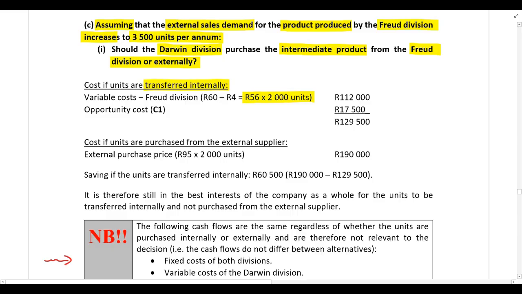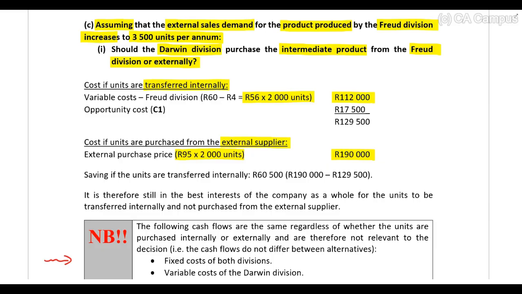So that increases the cost of the company by 112,000 Rand. That's exactly the same as what we looked at in part A of the required. Also in part A of the required, we said if the units are purchased from the external supplier, the company is going to pay 95 Rand per unit for the 2,000 units, so it's going to cost the company 190,000 Rand. That is also exactly the same as part A of the required.